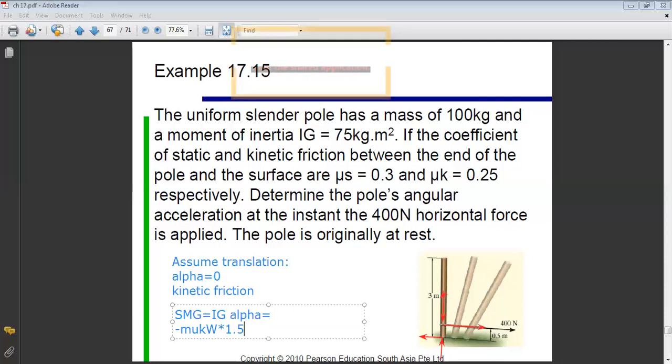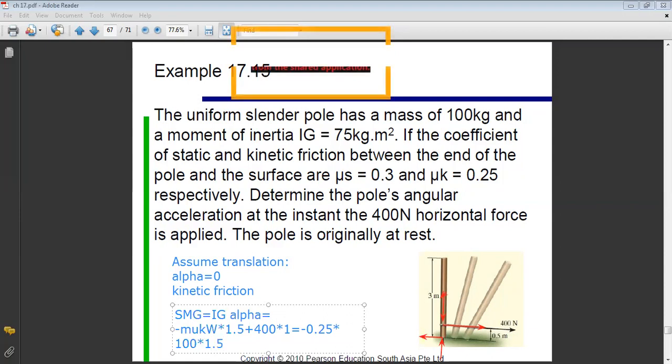And I have the moment of the 400 Newton force in the counterclockwise direction, so plus 400 times 1. If we replace, what is μk? 0.25. So it's minus 0.25 times weight, which is 100, times the distance, which is 1.5.